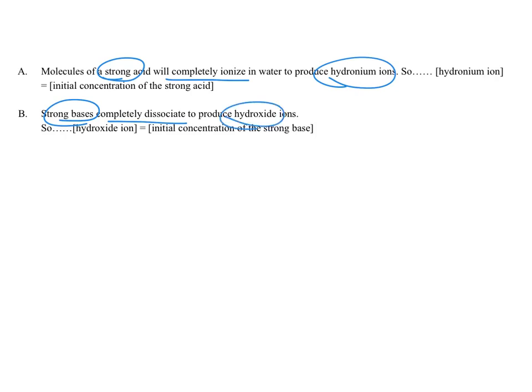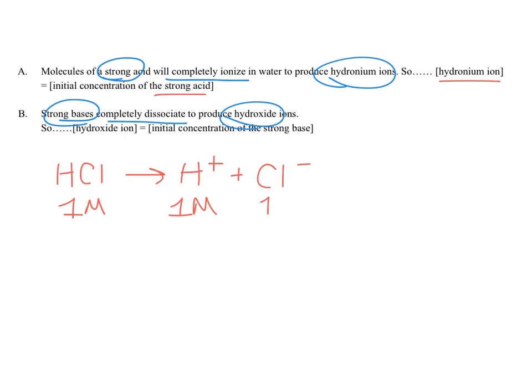The important thing to understand about that is if you know the concentration of the acid, then you also know the concentration of the hydronium ion. For example, if you have a 1 molar concentration of HCl, when that breaks apart into hydrogen and chloride ions, the concentration of hydrogen is going to be 1 molar, and the concentration of chloride is also going to be 1 molar.